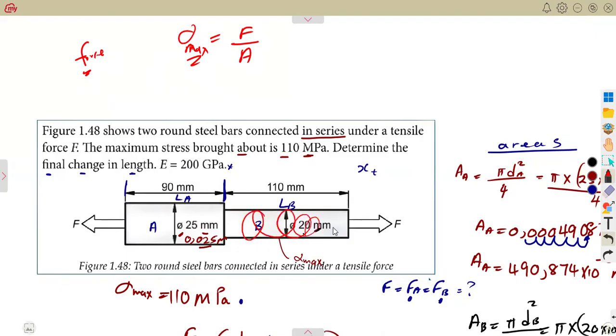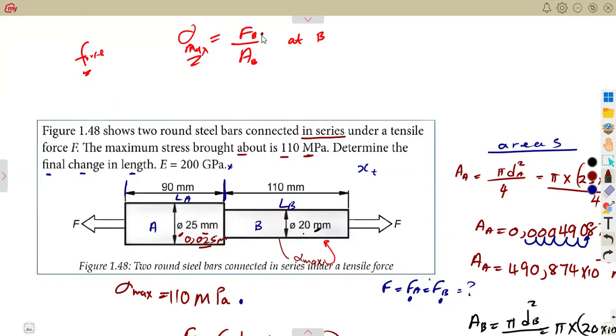So the maximum stress is affecting the part at B. If it is at B, we can use the force at B and the area at B, because that's where the maximum stress is.